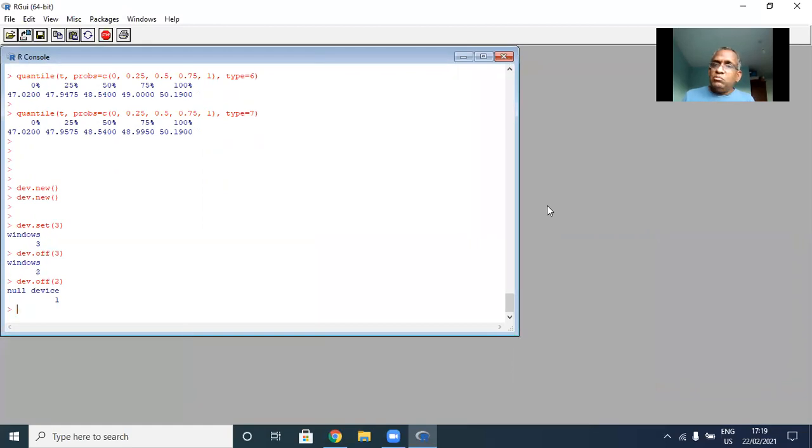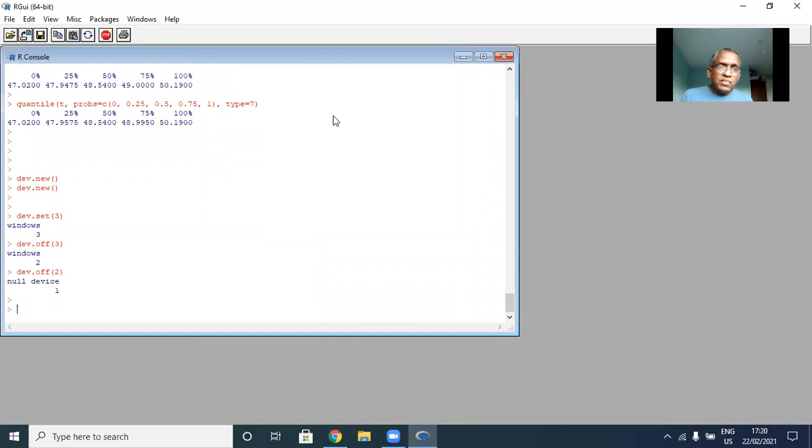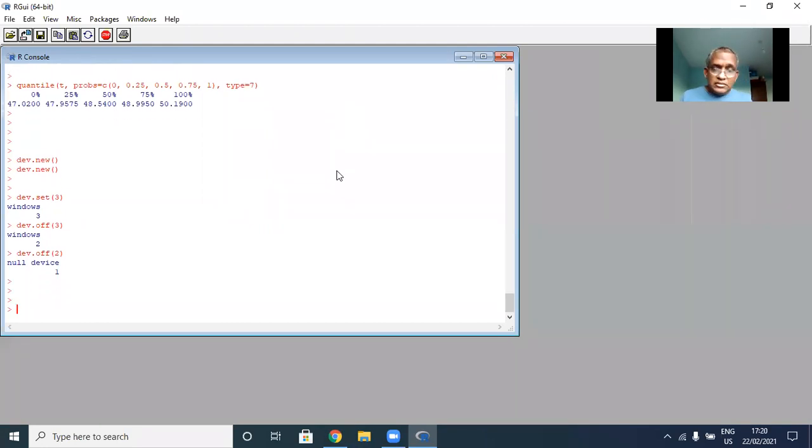So I have now removed both windows, right? So this is just a very simple command: how to open a window and how to close a window. It's a very, very simple thing to do, right? Okay, the next thing is I'm going to show you how to do a bar plot.